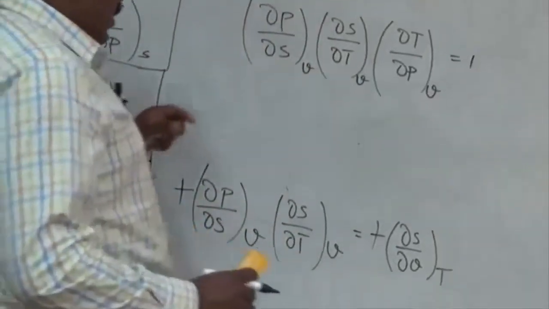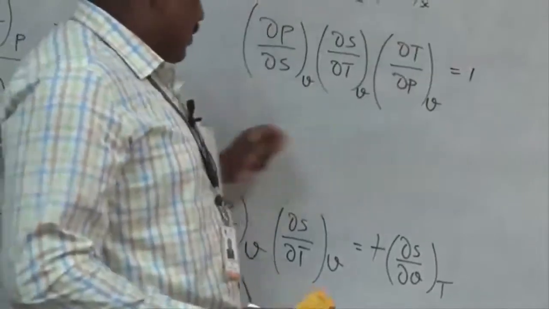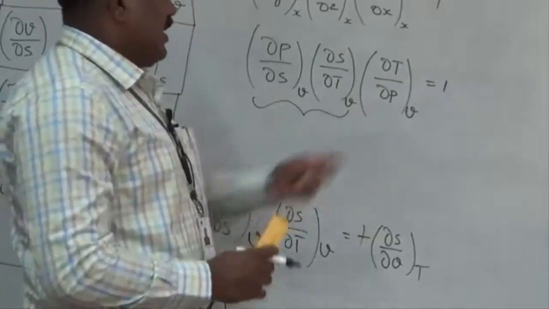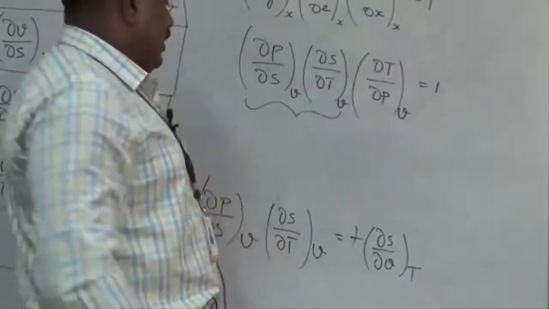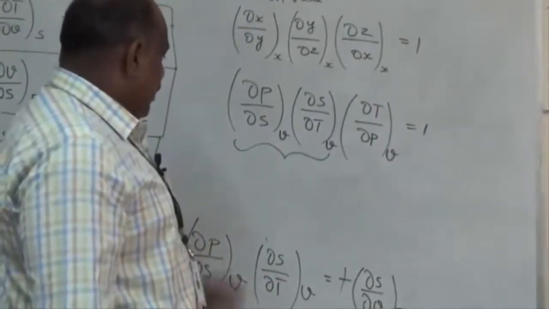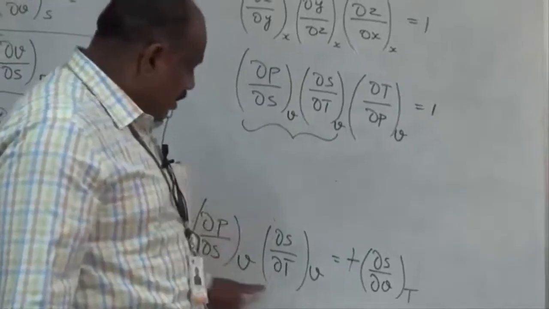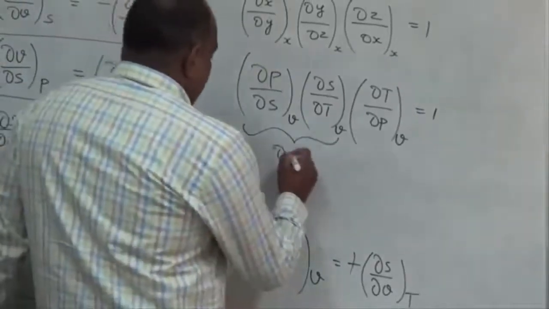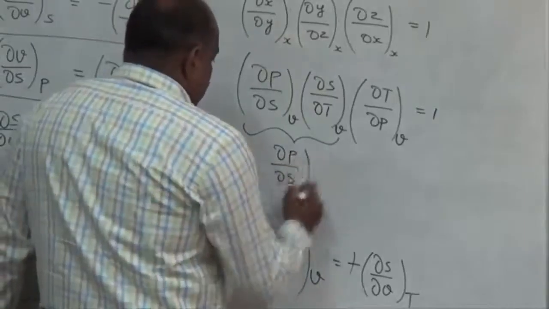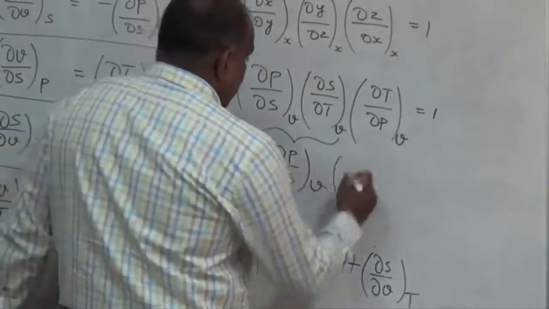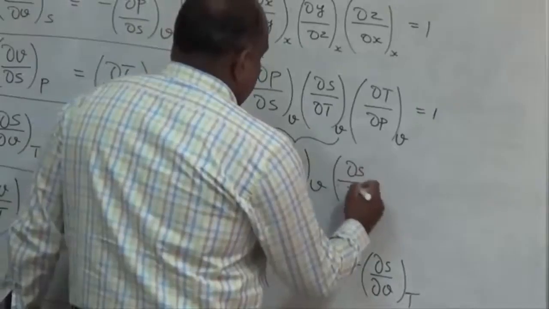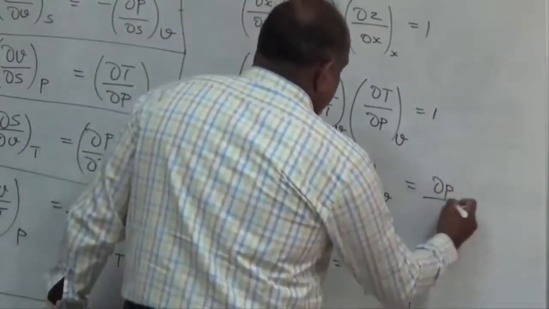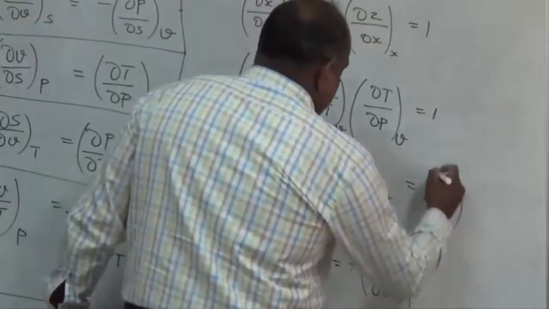Now, from this chain rule, what we want is only up to here. From this chain rule we can see the value of the first two terms, because we already have these first two terms. So this value, ∂P/∂S at a constant volume into ∂S/∂T at constant volume, will be equal to ∂P/∂T at a constant volume.